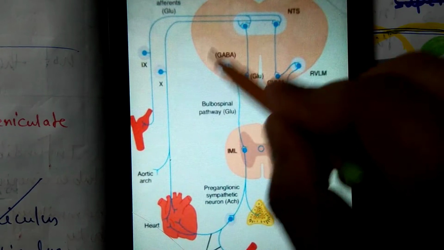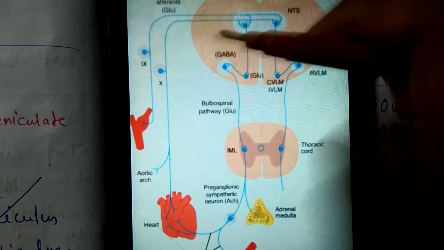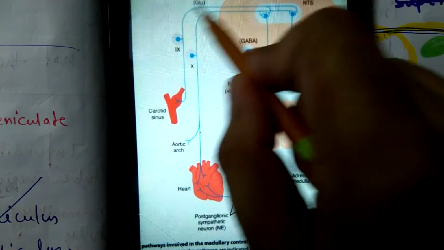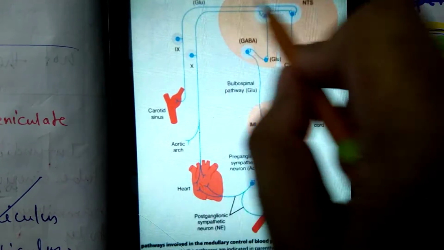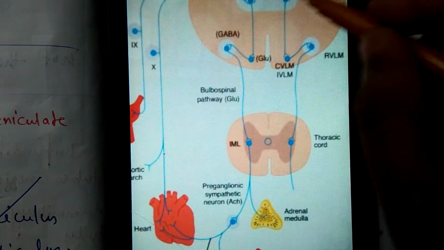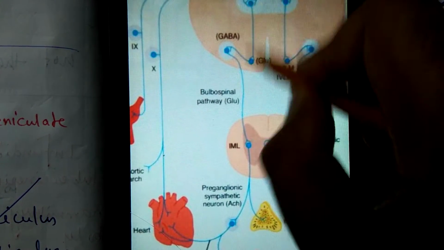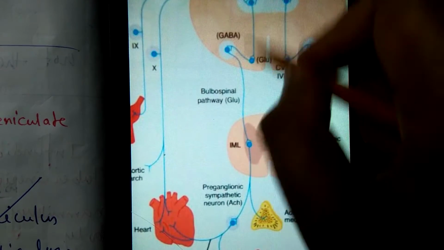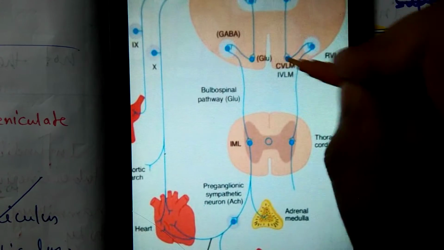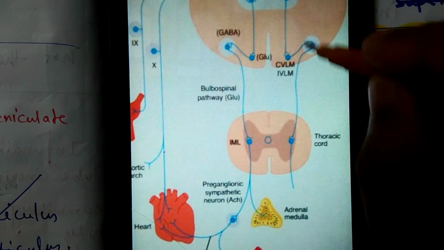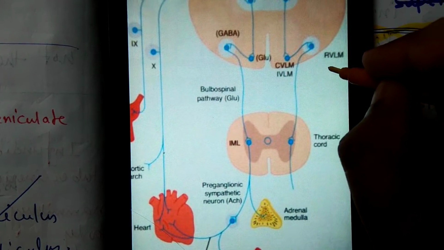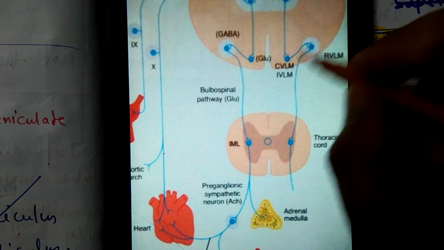This is totally inhibitory. Okay, that means our ninth cranial nerve is glutaminergic and activating in nature. And the nerve arising from the nucleus tractus solitarius is also glutaminergic and activating in nature. Yes, but the nerve arising from CVLM, the caudal ventrolateral medulla, and relaying at the level of RVLM, the rostral ventrolateral medulla, is totally inhibitory in nature.